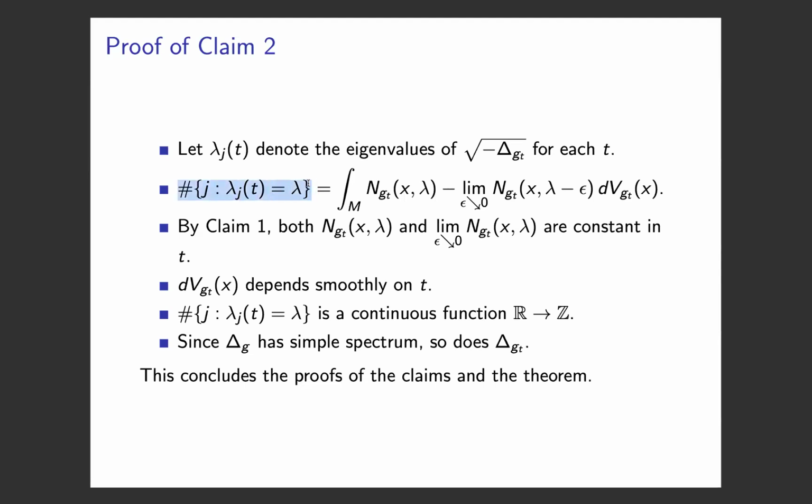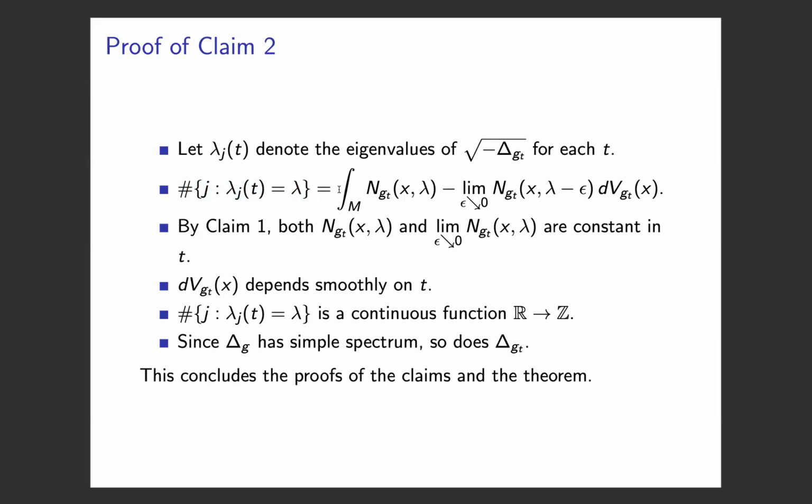Then we want to make sure that the count of eigenvalues equal to lambda, counting the multiplicity of the eigenvalue lambda, is 1 and it stays 1, or 0 if there's nothing there.